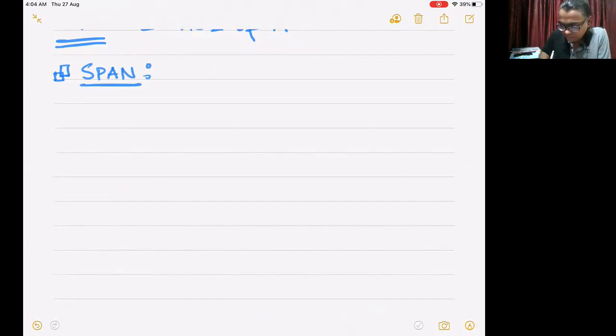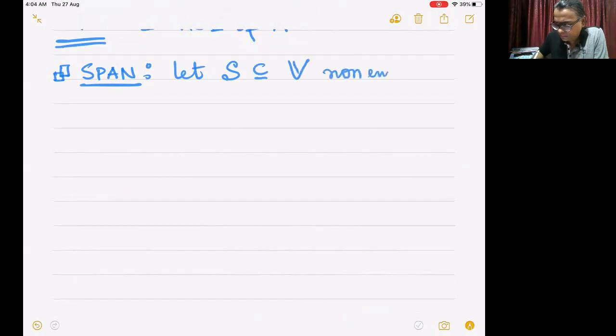So let capital S be a non-empty subset. Actually, non-empty is not required, but let's assume non-empty for the time being. Just a subset, it doesn't have to be a subspace.